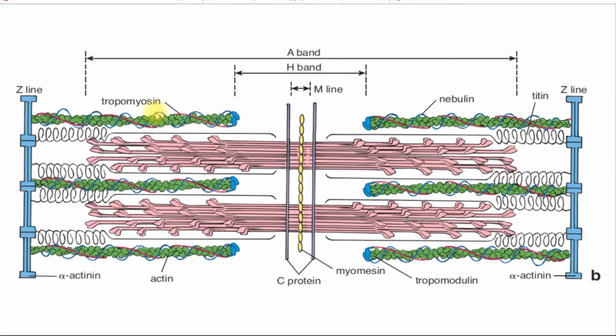Here we can see the sarcomere. It's the structural unit of the myofibril. You know that there are myofibrils, which are special organelles of muscles. And here we can see the part of the myofibril which is called the sarcomere. So let's look at how thin and thick filaments are arranged.